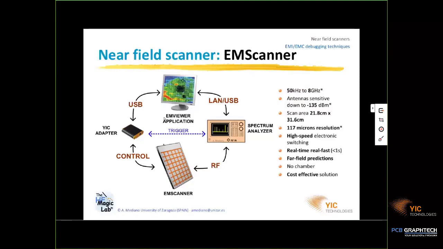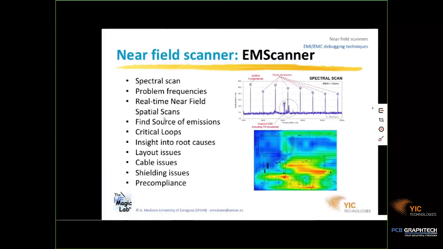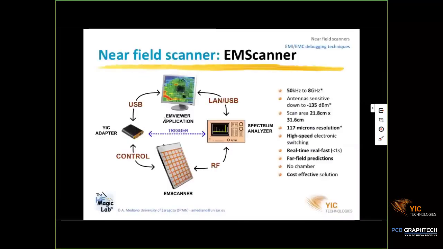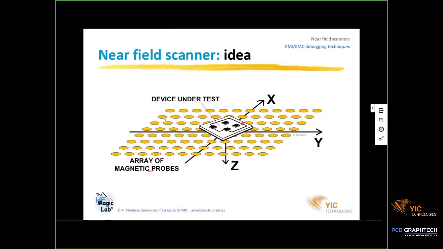And the other possibility that you can work is with only one probe. The idea of this scanner, that you have in the market, is this kind of probe, one probe that is in the arm of a robot. And then the robot can scan a PCB board at different heights, no? Instead of this flat surface, like I was explaining here, no?